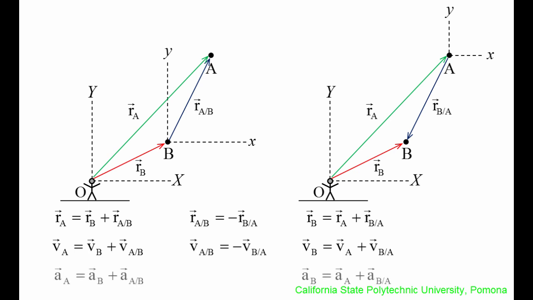Finally, we can eliminate AA minus AB between the two acceleration equations and obtain AAB equals negative ABA. This means that each particle sees the other particle at an equal and opposite position, and each particle appears to move with an equal and opposite velocity and acceleration.